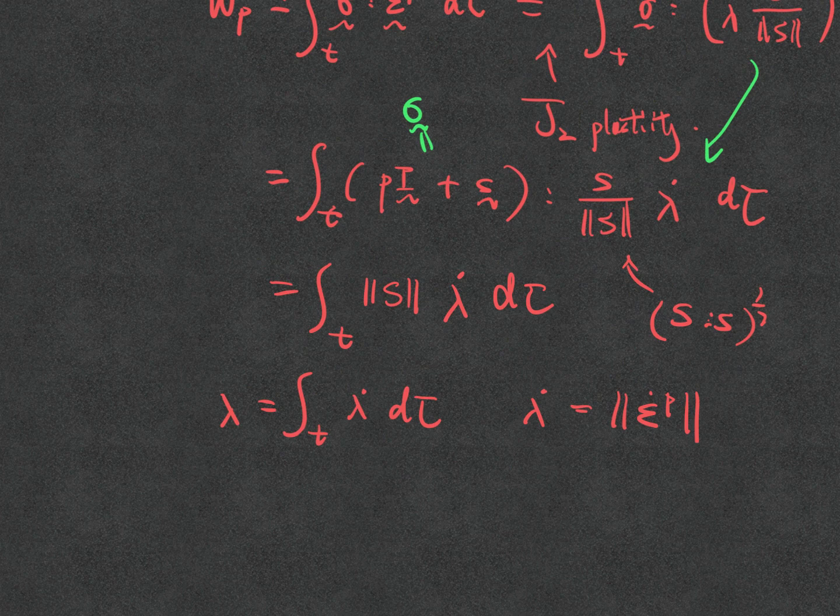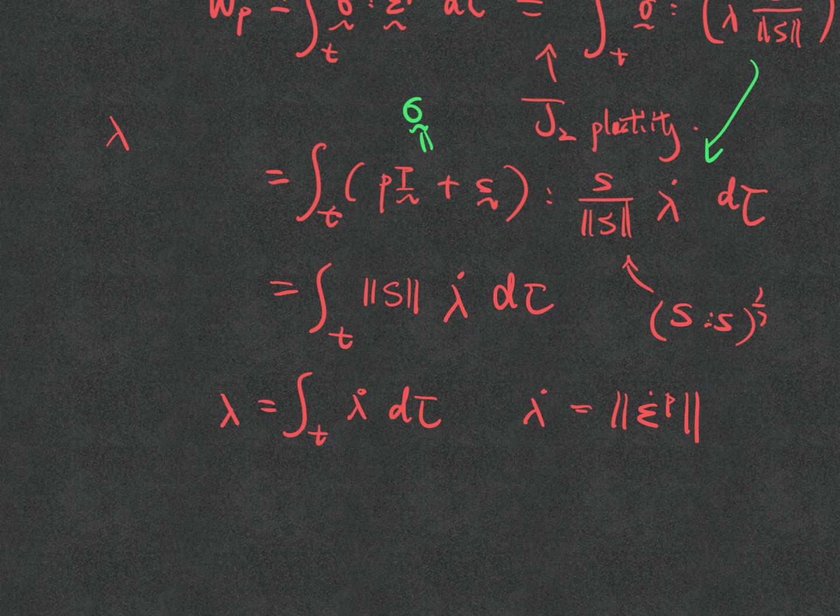Does that make sense? Now you need to understand that if I have a material that is yielding, lambda can change over time and accumulate different plastic strain over time. So this is a path dependent integration. You see what I mean?